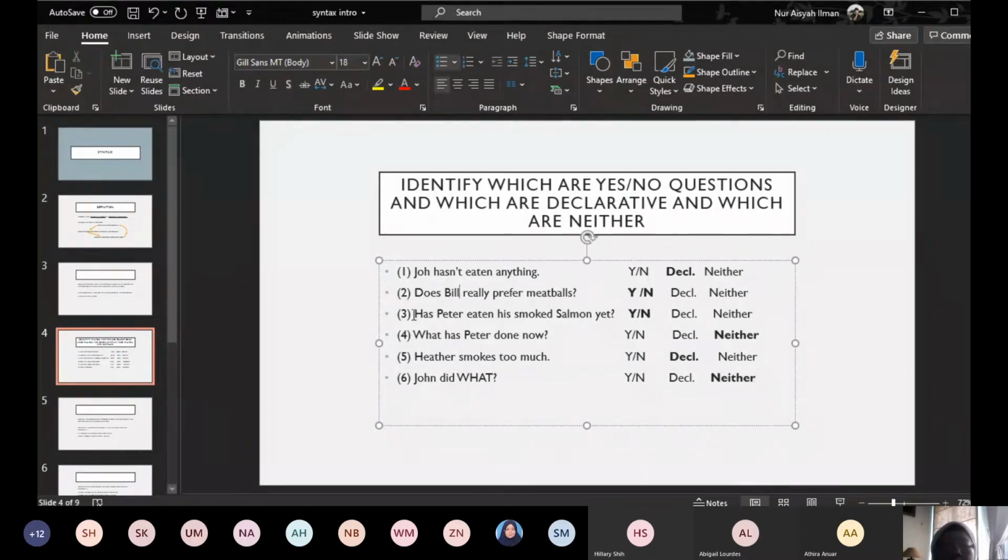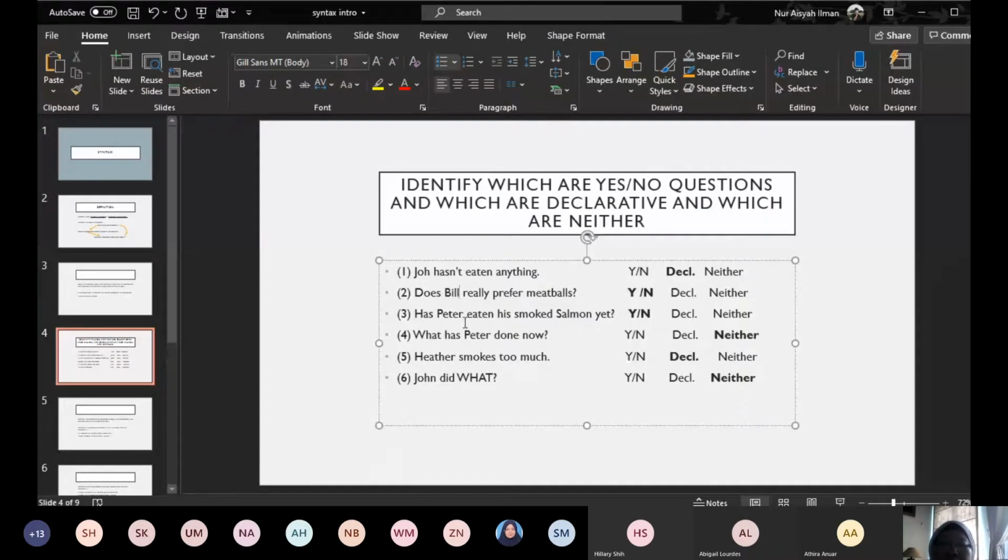But in this instance something else has gone in front of him, which is a do. This is a grammatical sentence, so we can say that in a yes no question some element can go in front of the subject, and the element in sentence 2 is the dummy do.